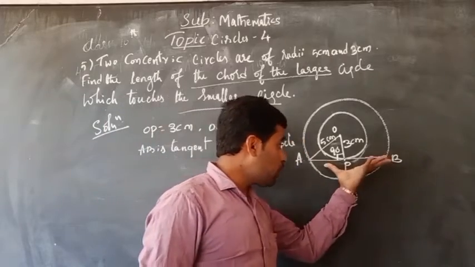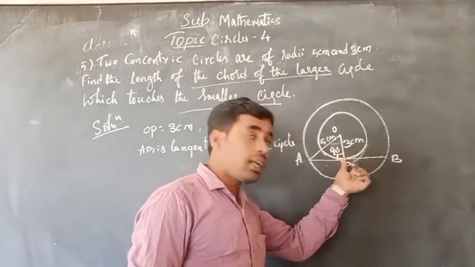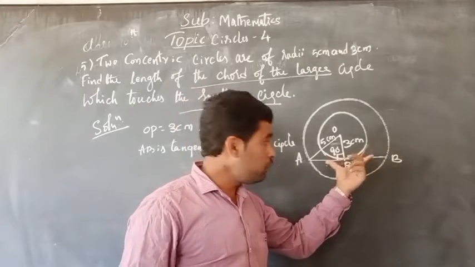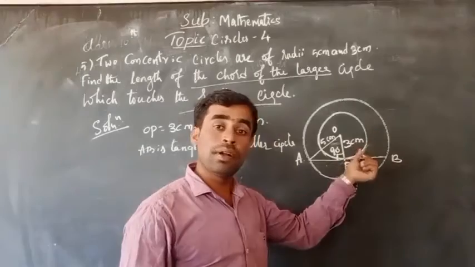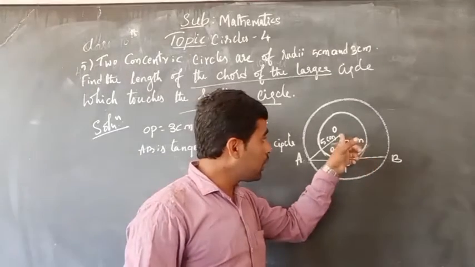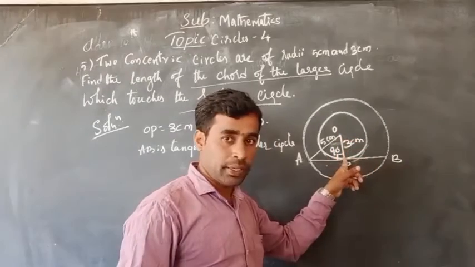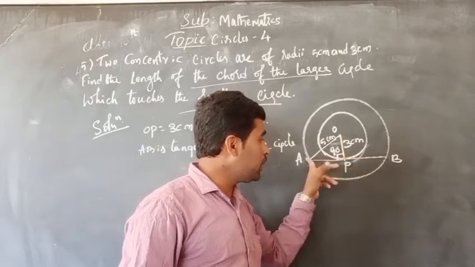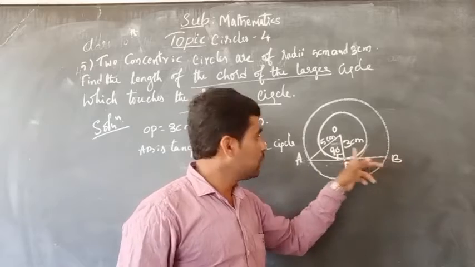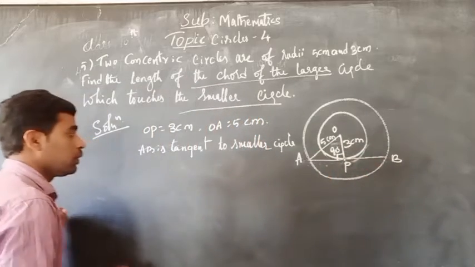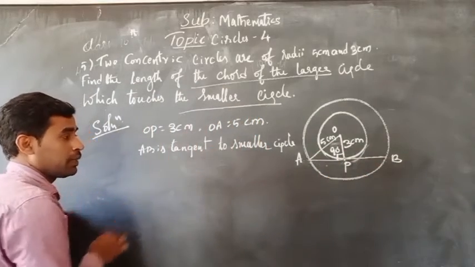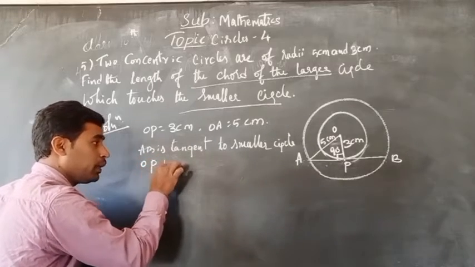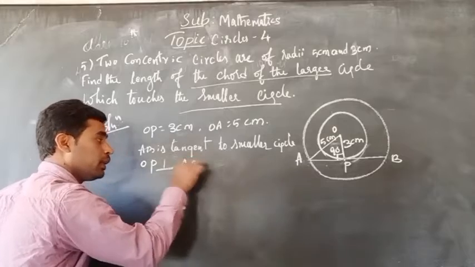AB is a chord of the larger circle and it touches the smaller circle at one point. The line which touches a circle at one point is what we call a tangent of a circle. I have drawn a radius from the center point to the point of contact of the tangent AB, then the radius is perpendicular to the tangent. It measures 90 degrees. AB is tangent to the smaller circle. Therefore, OP is perpendicular to AB.